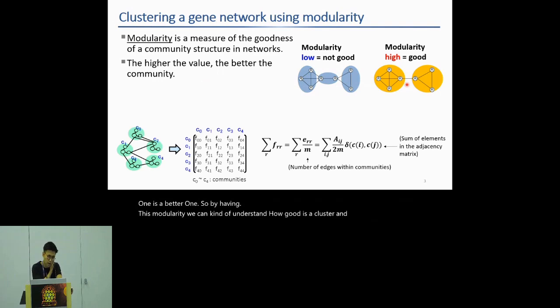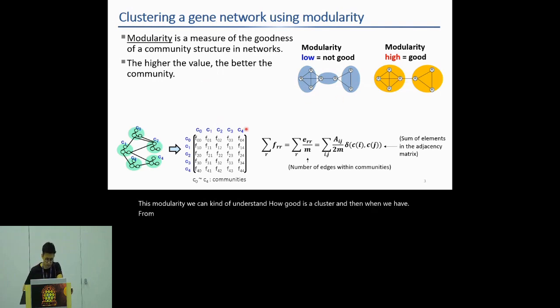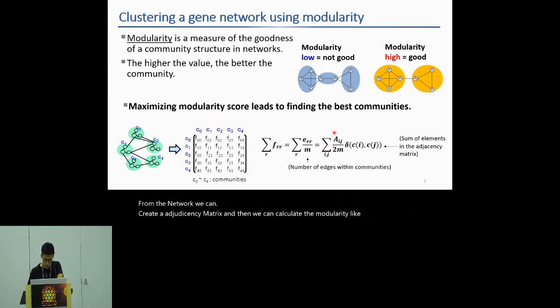From the network, we can create the adjacency matrix, and then we can calculate the modularity like this. So the problem now is how to maximize the modularity, since we want a higher score to find better communities.